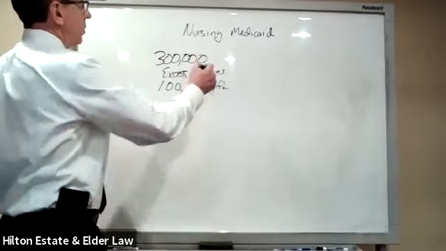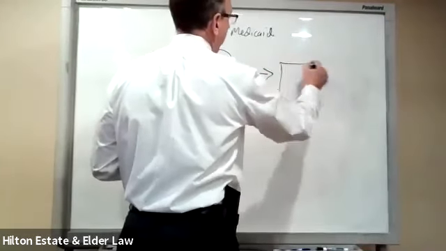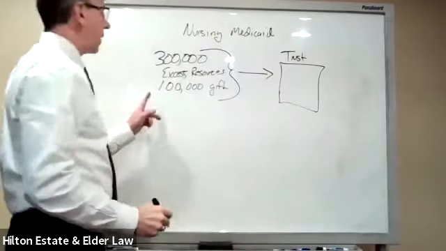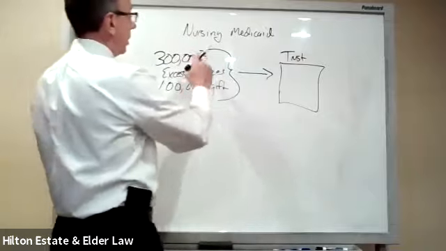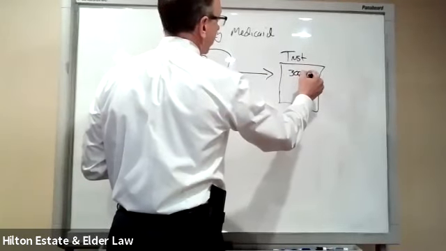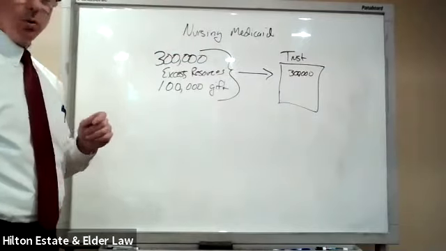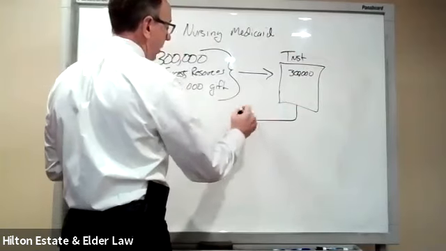In this case, let's say we had $400,000. We take this money, we transfer it to our trust. Now we have transferred $400,000. Well, we already gave the gift away, so that's gone. We transferred $300,000 into the trust. Okay? We have to, in exchange, have the trust pay, I'm going to call this mom.